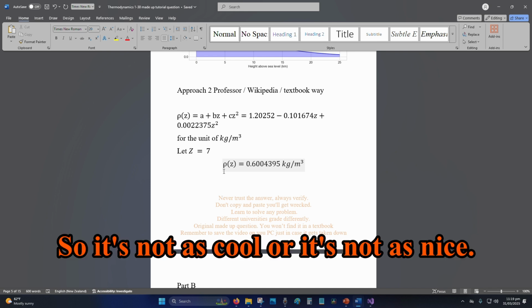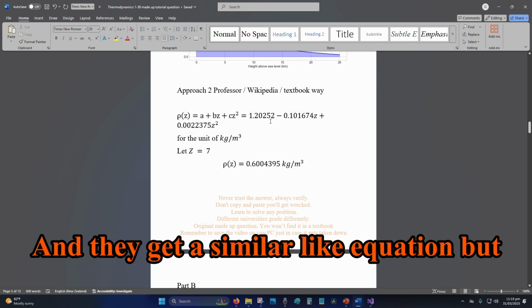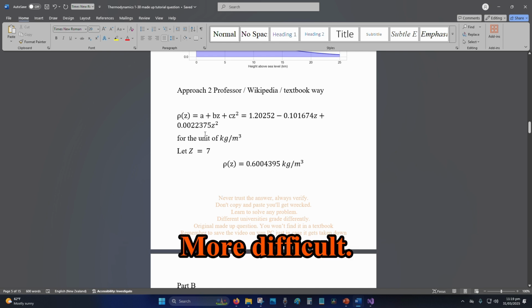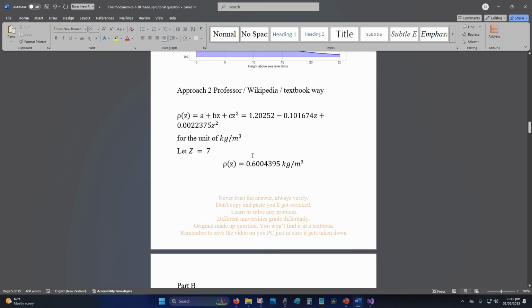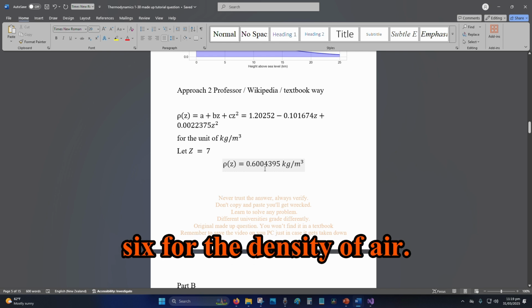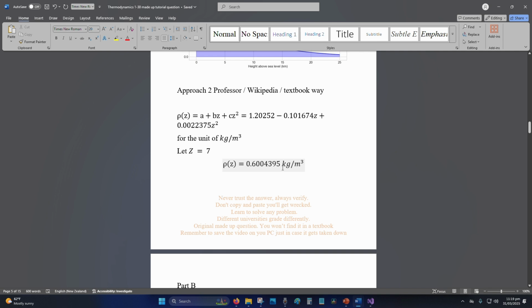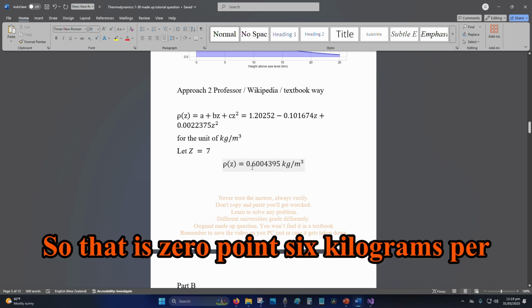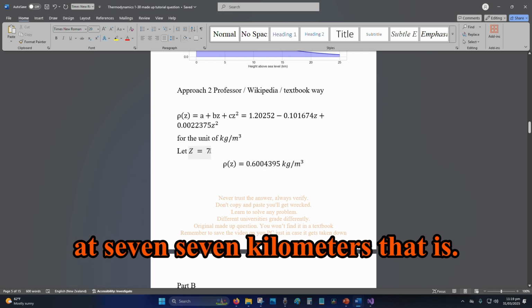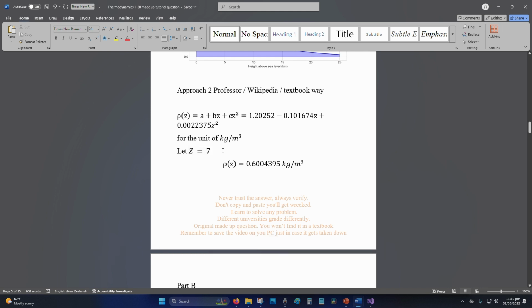So it's not as nice, and they get a similar equation, but it just seems a little bit more difficult. And they get 0.6 for their density of air, so that is 0.6 kilograms per meter cubed, when the elevation Z is at 7 kilometers.